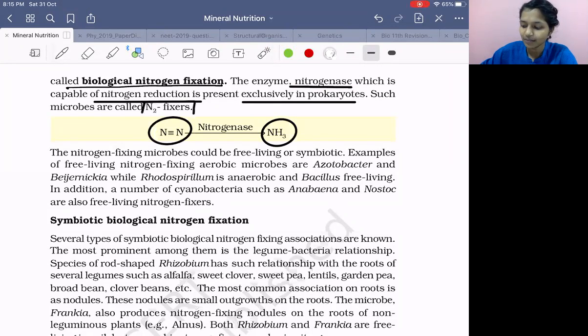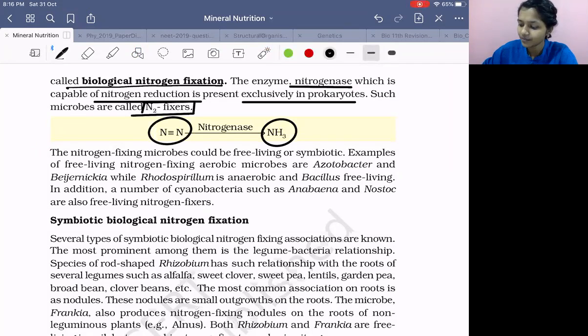These microbes are called N2 fixers because they are able to fix nitrogen. Clear?